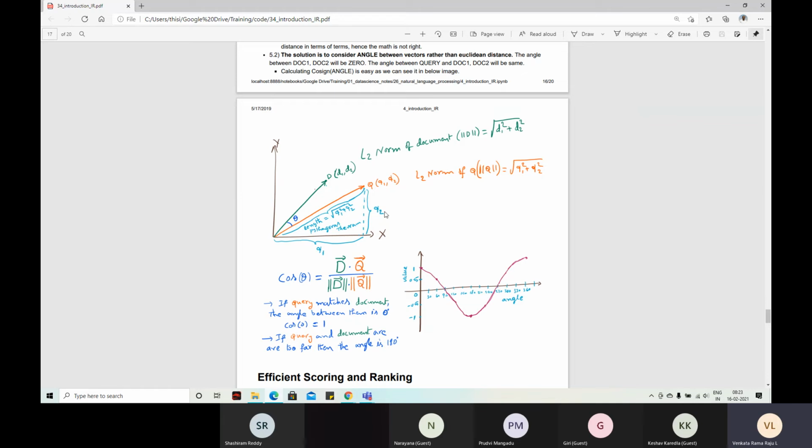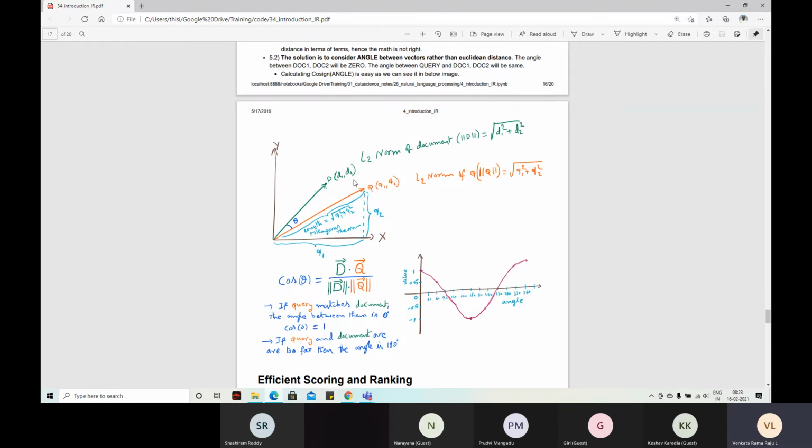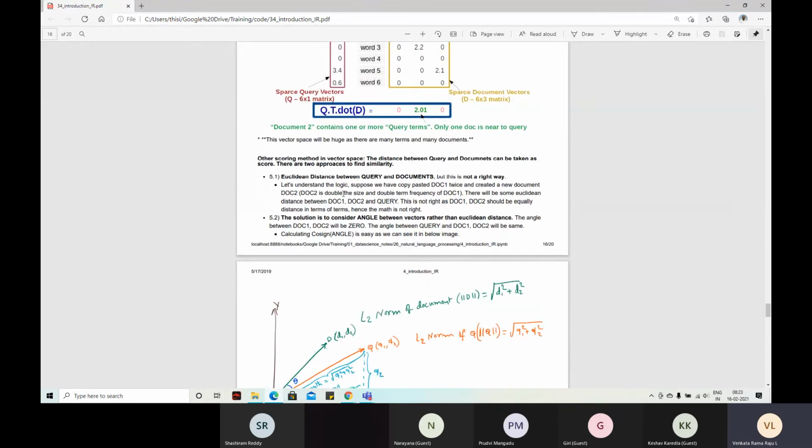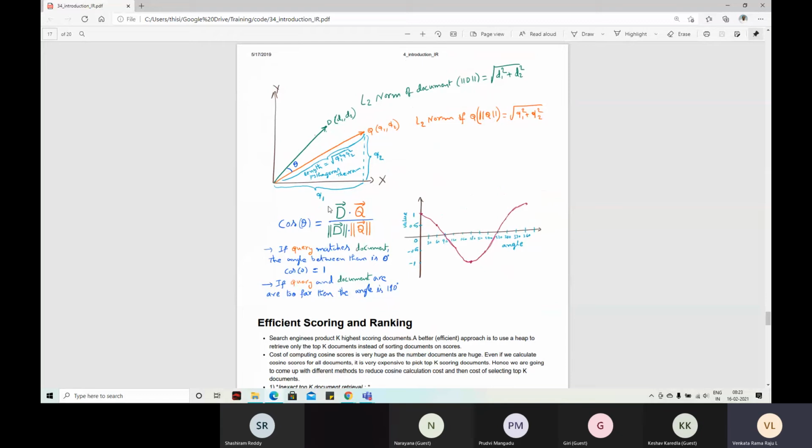The L2 norm of document 1 and L2 norm of document 2 both we have taken, and then cos theta is going to be document 1 dot document 2 divided by the L2 norms of document 1 and document 2. Basically, we are taking unit vectors and multiplying. Instead of doing a Euclidean distance of unit vectors, we are taking unit vectors and multiplying them. That is giving you cos theta.